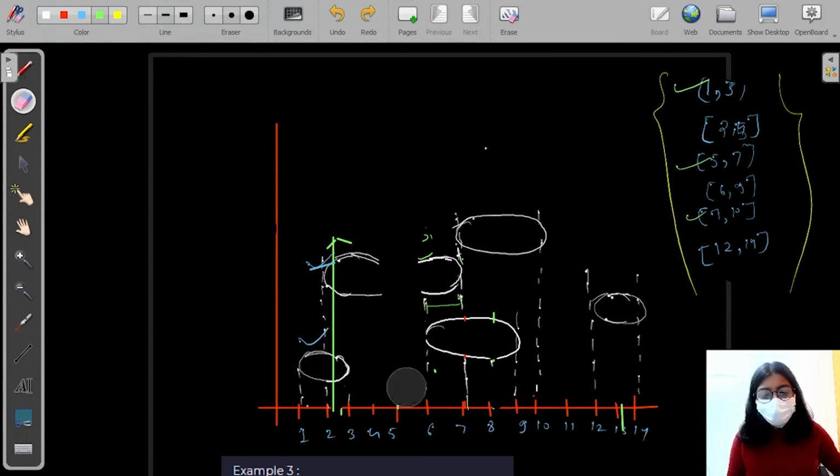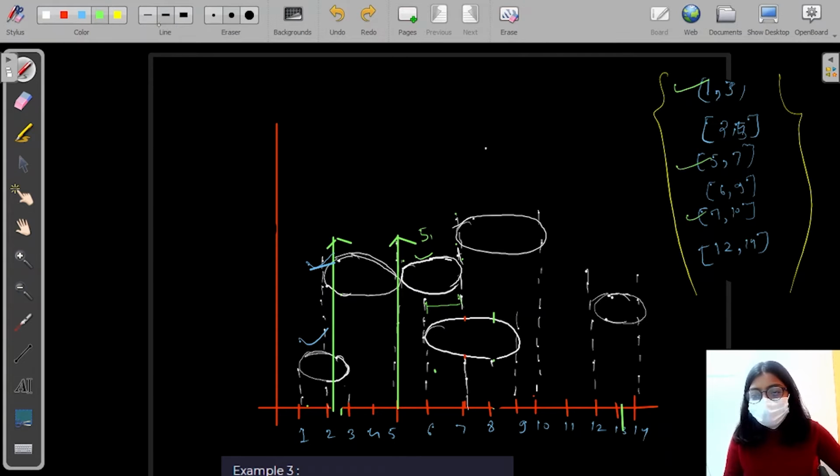So it means I won't be passing an arrow here. Let me just erase this arrow.